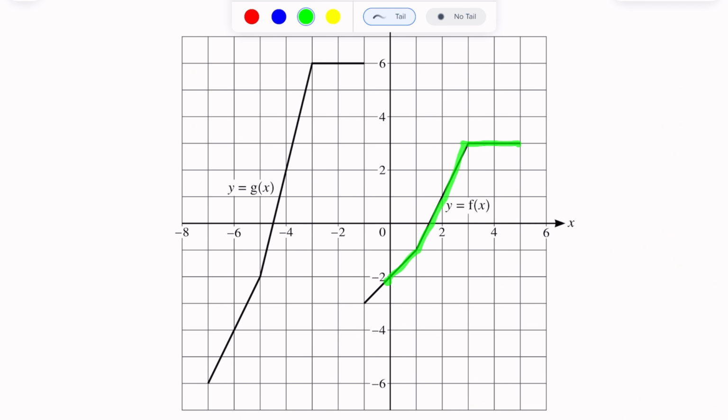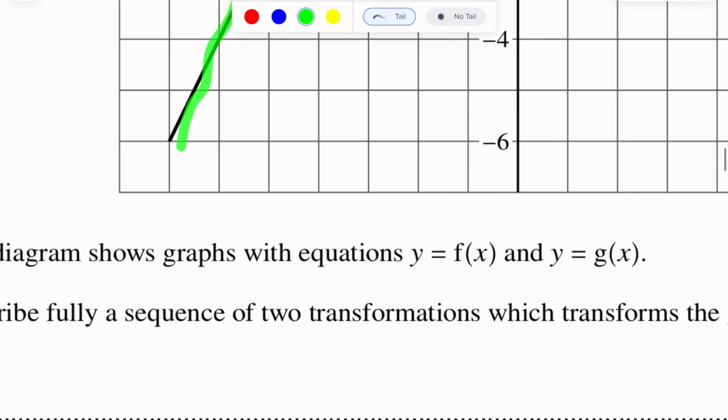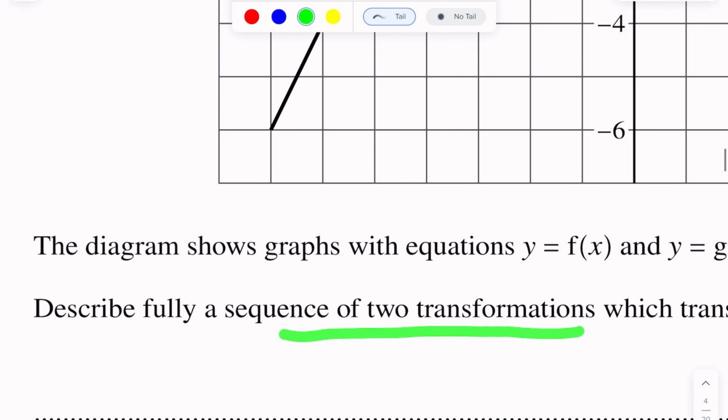Graph of f(x) is transformed to graph of g(x). We have to describe the sequence of two transformations.